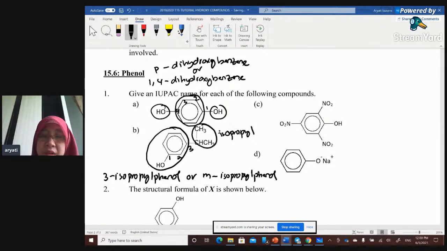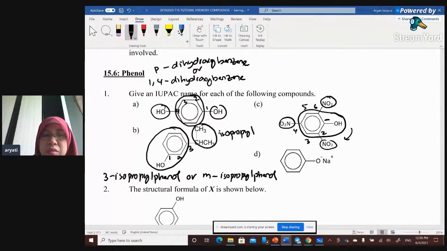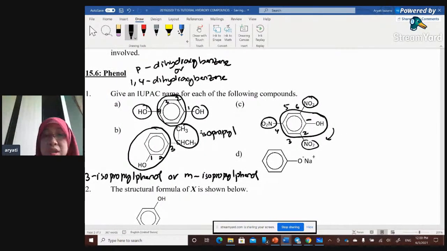Okay, so this one, phenol is your parent. OH at carbon number 1, so 1, 2, 3, 4, 5, 6. Ini pun, substituent at carbon number 2, 4, 6. Kalau kamu clockwise, kalau anti-clockwise, 1, 2, 3, 4, 5, 6. Also 2, 4, 6. Kita tak kisah tak namanya kan. So ini ialah 2, 4, 6.